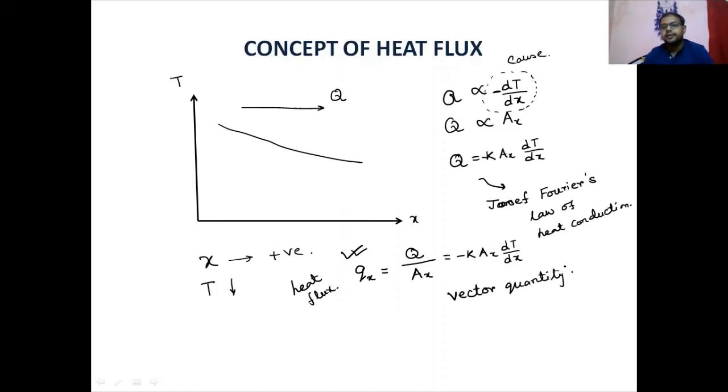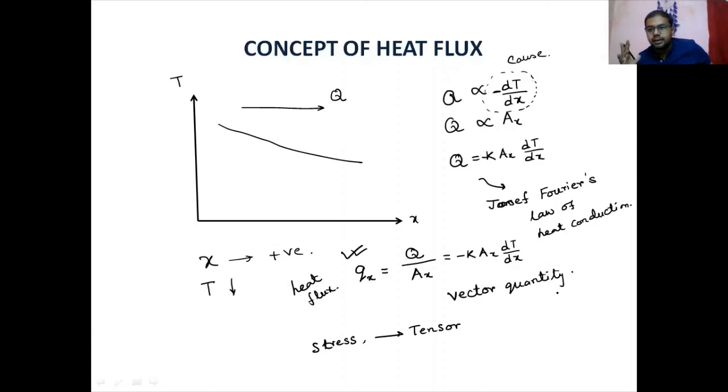This is the vector quantity, heat flux. If you remember a similar quantity, the stress, you will see it is a tensor, not a vector. Because stress may happen in any orientation of the area.